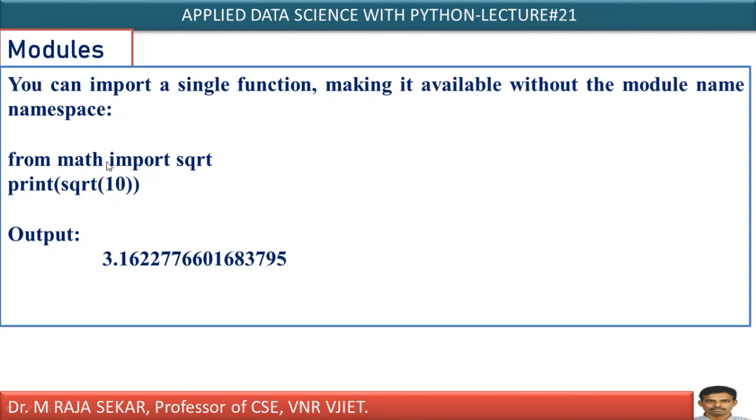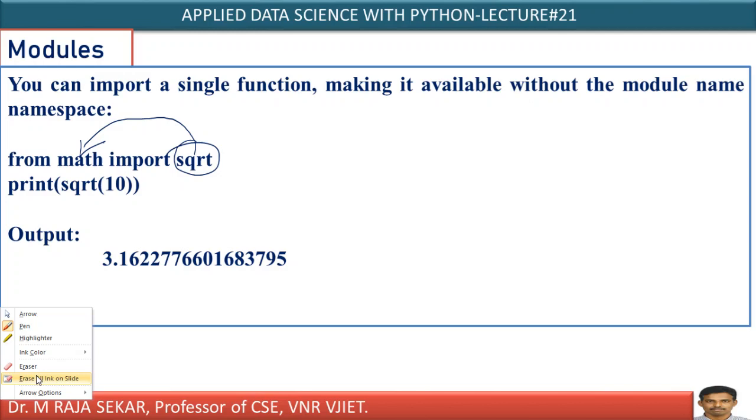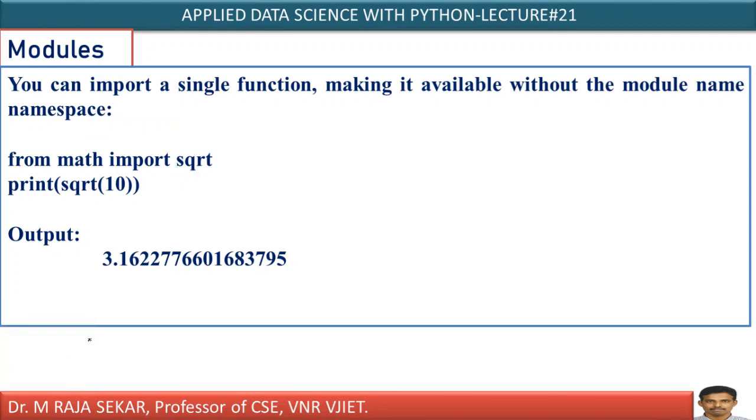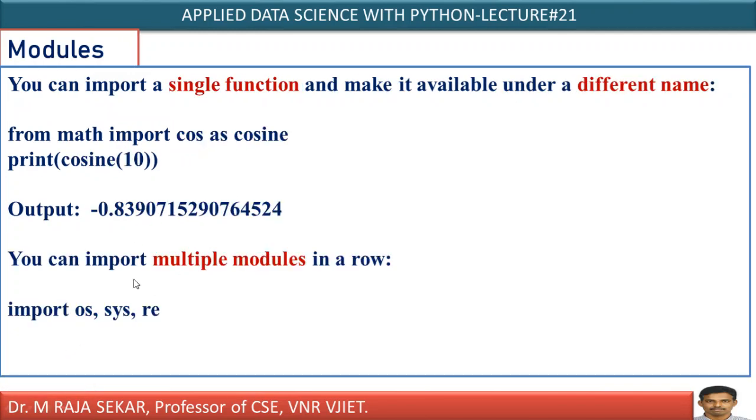If you want to import a single or required function from that module, just say from math, where math is the module name, import sqrt. In this case, I am importing the sqrt function from the math module. Only the sqrt function will be imported. Now I can make use of that function. If I say print sqrt of 10, it will display the value.